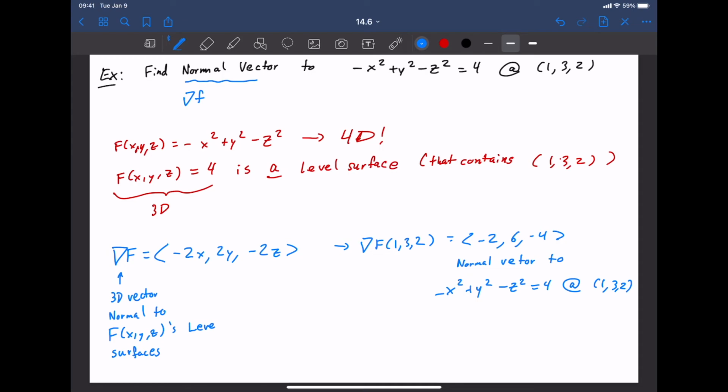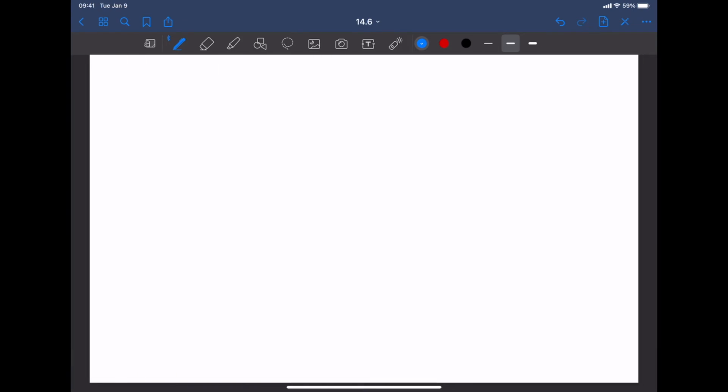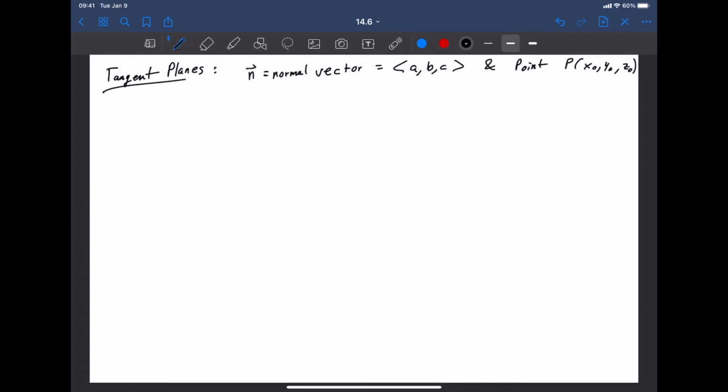And now we're going to put the finishing touch on this by looking at our normal vectors as part of tangent planes. So for tangent planes, let's refresh with, we're talking about a normal vector, usually with numbers A, B, and C, and a point with 3 coordinates, because we're talking about a 3D coordinate.